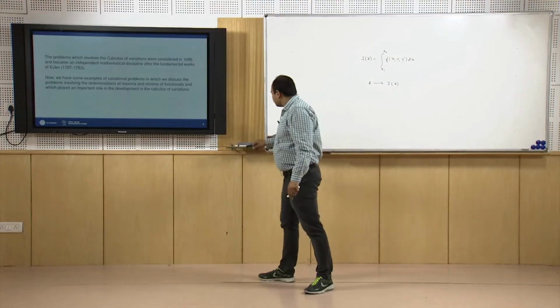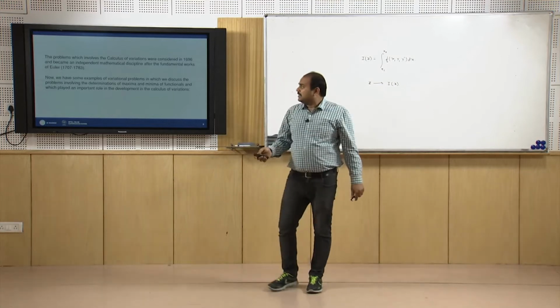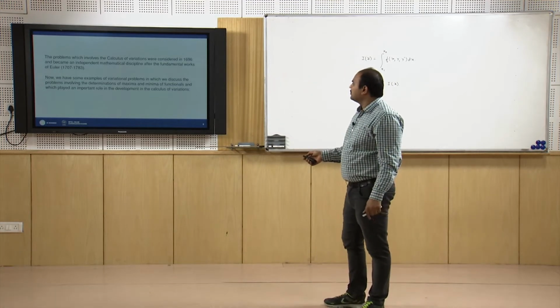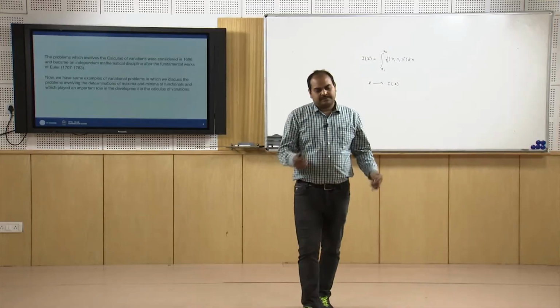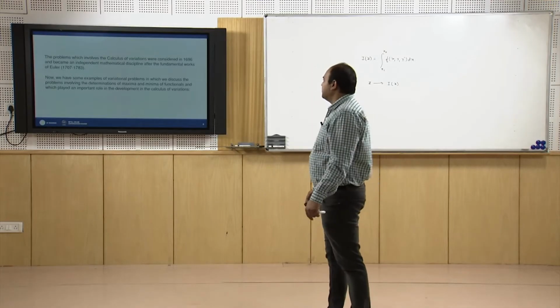The problems which involve the calculus of variation were first considered around 1696 and became an independent mathematical branch after the fundamental work of Euler around 1737.